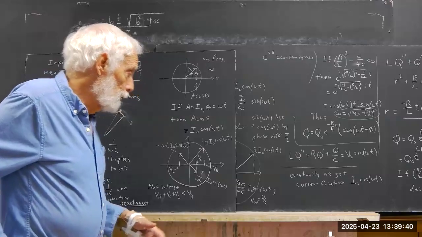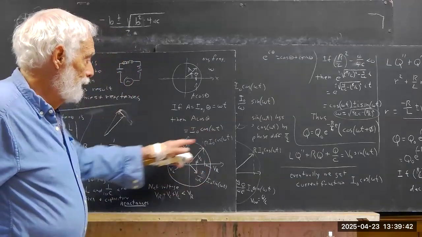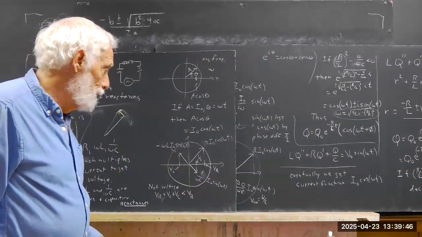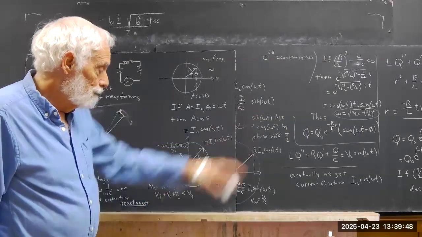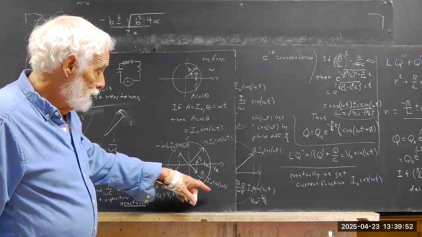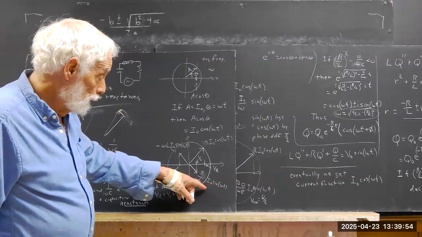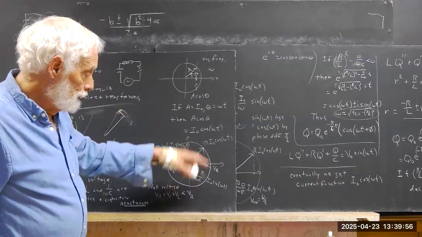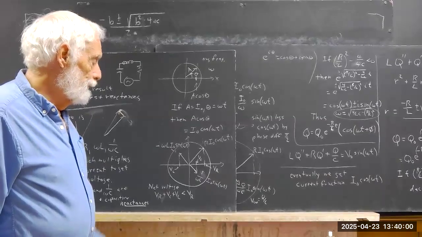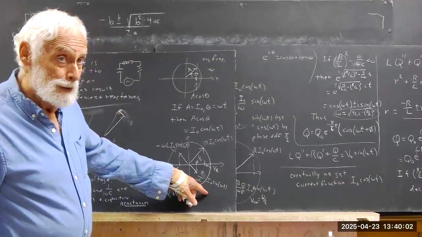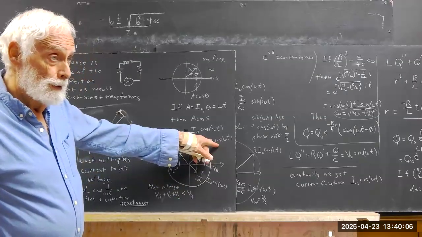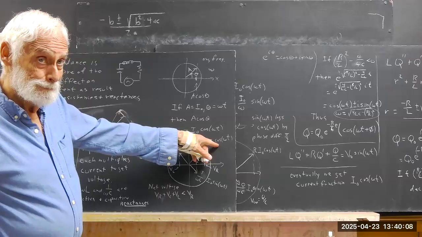And because your current is the same in the resistor, capacitor, and inductor, it follows from the details we did that the voltage on the capacitor is going to be 90 degrees out of phase with the voltage on the resistor.